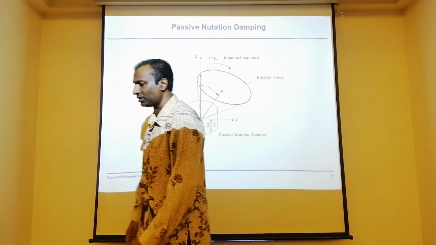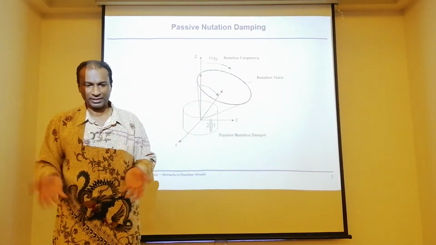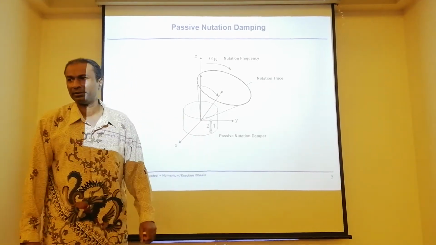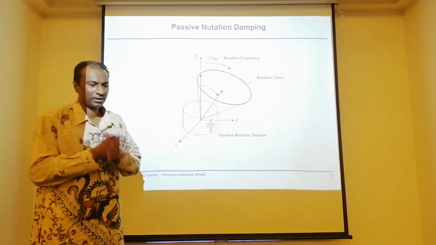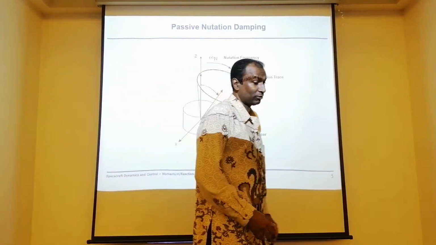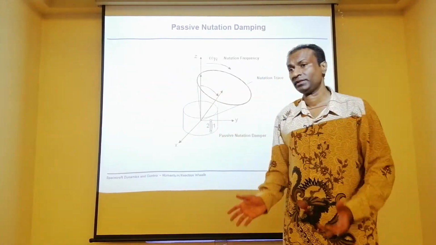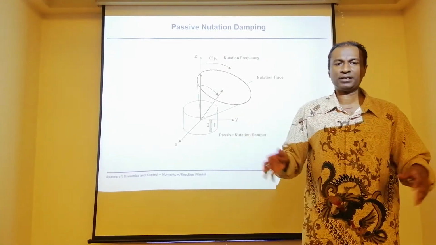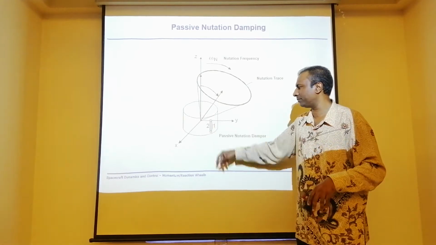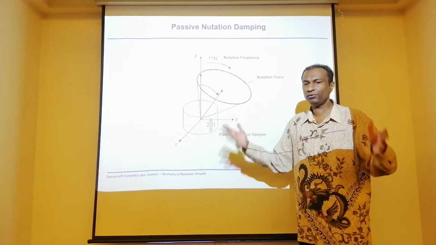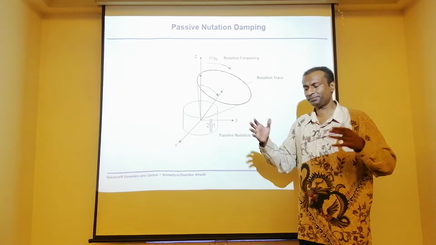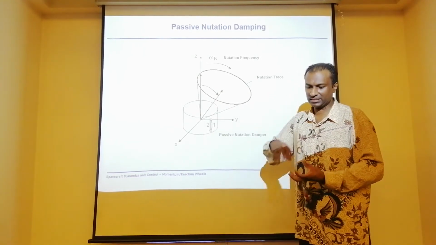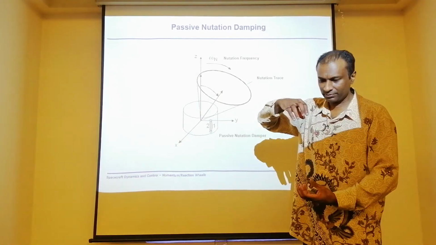Remember, nutation is a typical problem in a huge satellite. How can we damp this? We use a passive nutation damper. You can also do it with thrusters, but more often than not, in bigger satellites you already have passive dampers. You don't use fuel or electricity. This damper is basically like a rod.